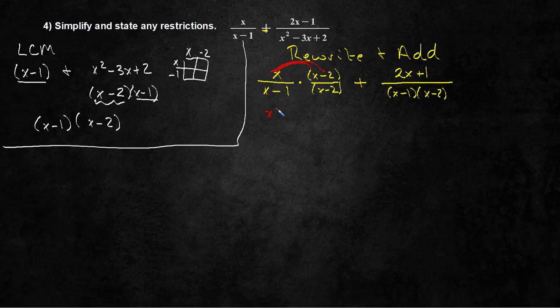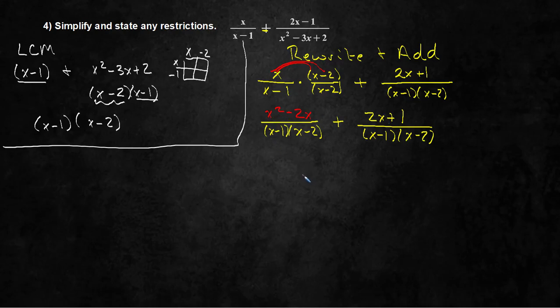So we have x squared minus 2x is what that first numerator created. And then the denominator was just the 2 being multiplied. Leave your denominator factored. Plus 2x plus 1 over x minus 1 times x minus 2. So again, we're not multiplying that denominator back out. We're going to leave it factored all the way through this process.